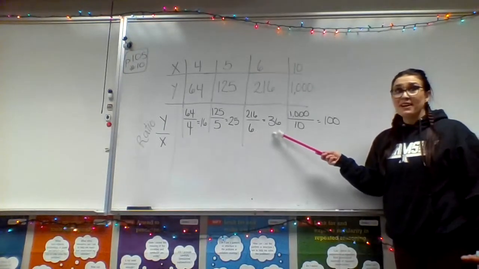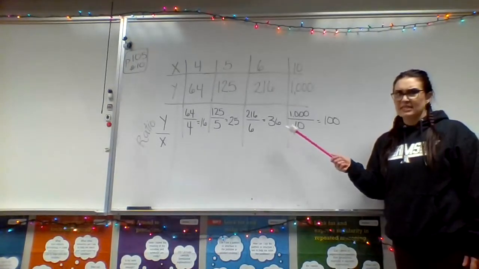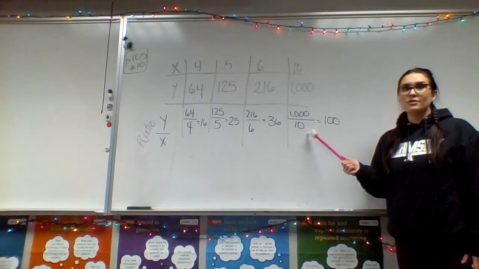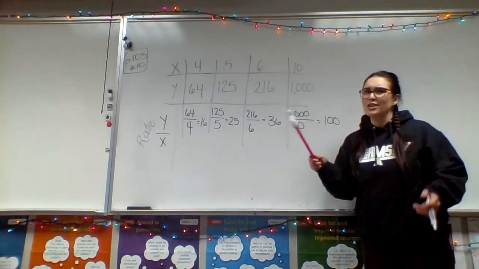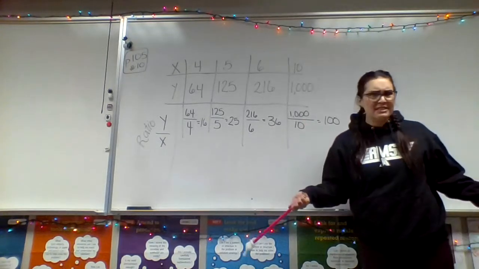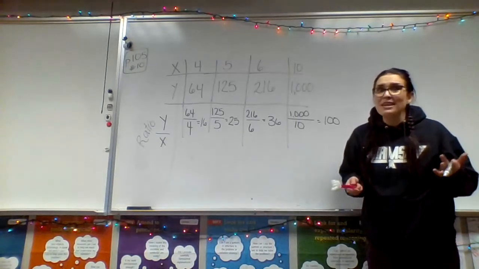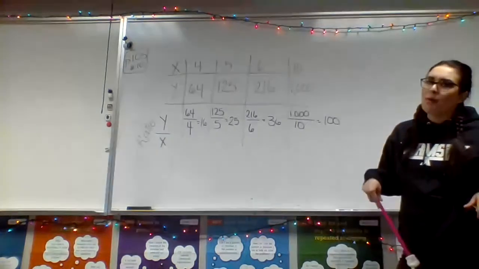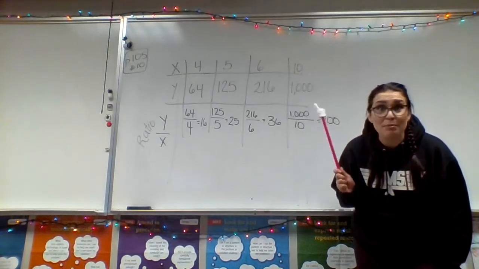When I simplified 216 over 6, I got 36. And when I simplified 1,000 over 10, I got 100. So my friends, you're brilliant. You should know this. 16, 25, 36, and 100 are not the same numbers, right? Because they're not, unfortunately, problem number 10 is not proportional.